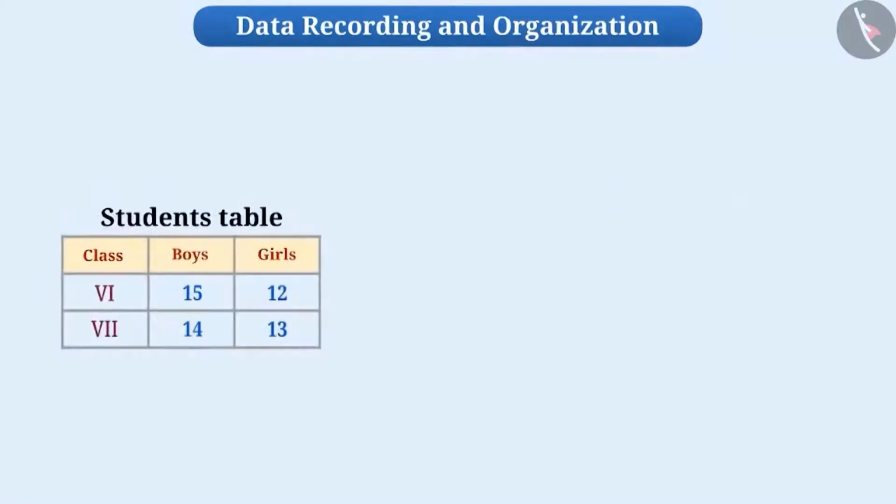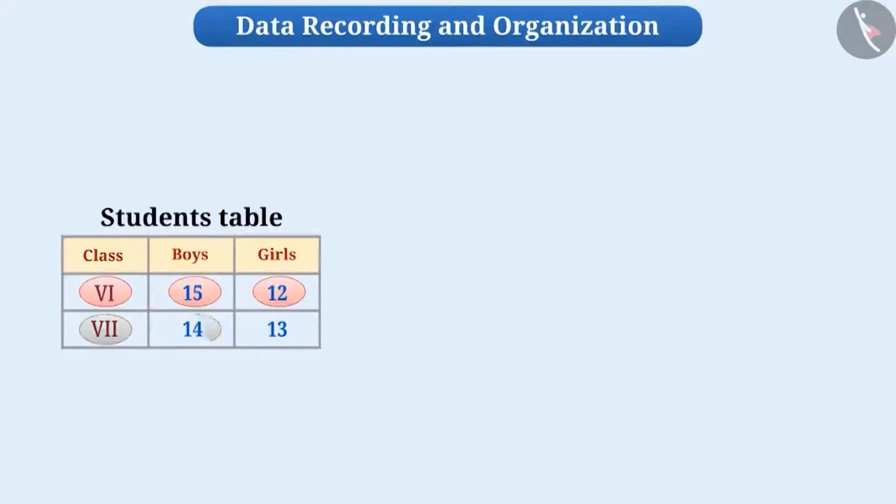For example, look at this table showing the number of boys and girls in classrooms. Can you say what information we get to know with the help of this table? Think for a while. With the help of this table, we get various pieces of information, like there are 15 boys and 12 girls in class 6.